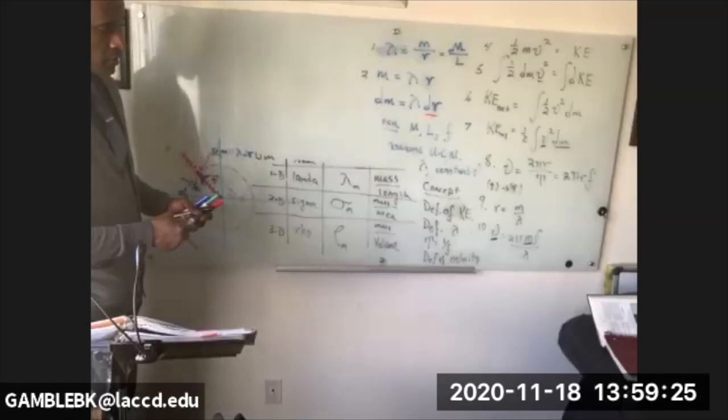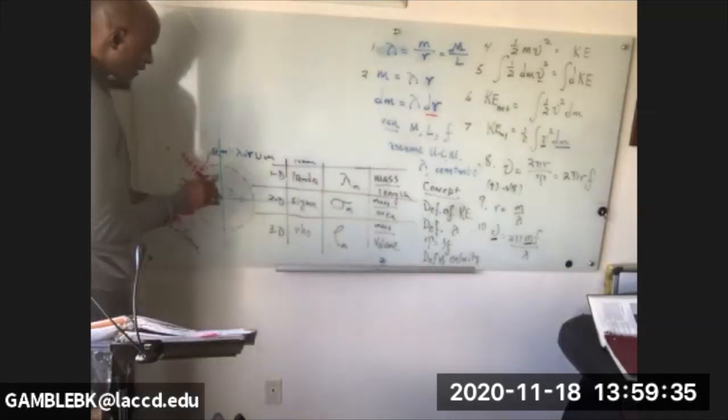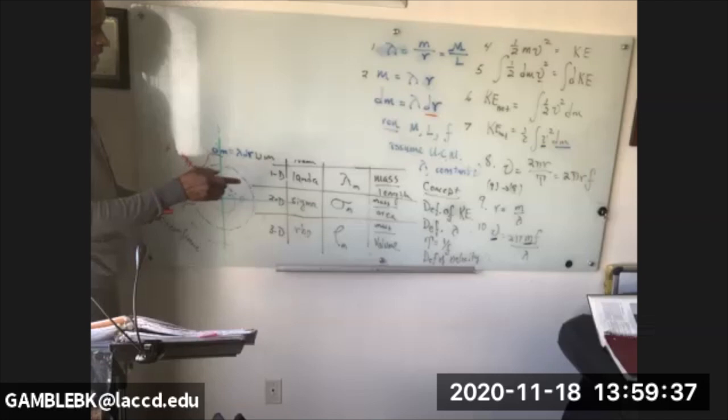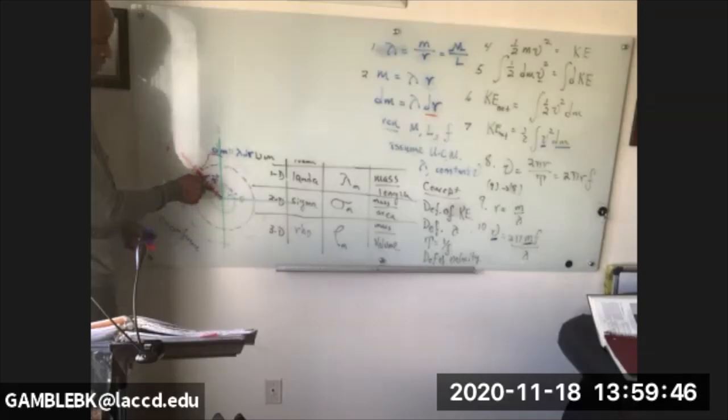Okay, I see. Makes sense now. I was just confused because I thought the L and the R were different. Well, they kind of are. The L is the total length, because when I integrate, that's going to be the limit of R. Good point. The R is the actual length of the individual differential element.